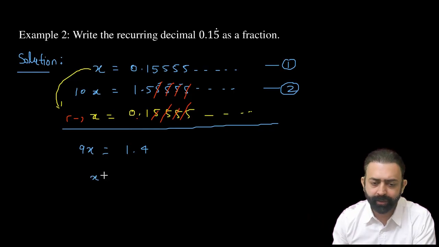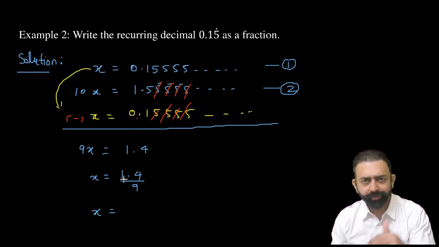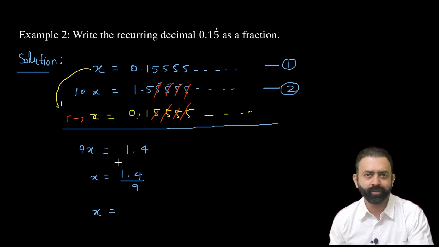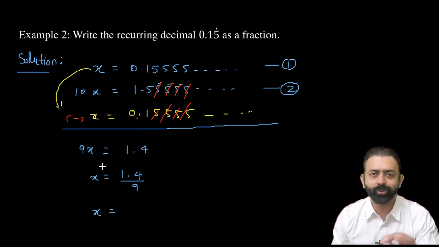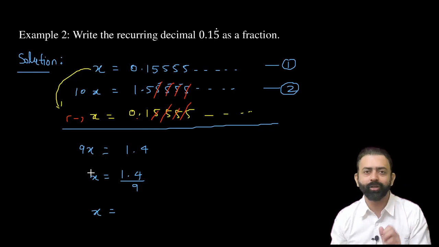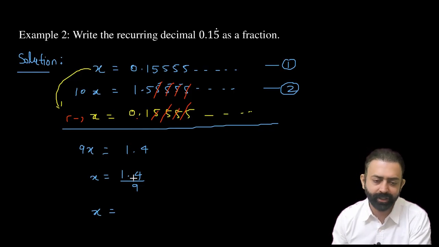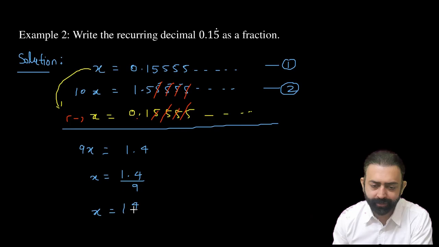So x is now 1.4 over 9. Now you have to remove the decimal from the fraction, because if we are dealing with a rational number or fraction, then there should not be any decimal either in the numerator or denominator. So we need to remove this decimal, writing this as 14 by 90.